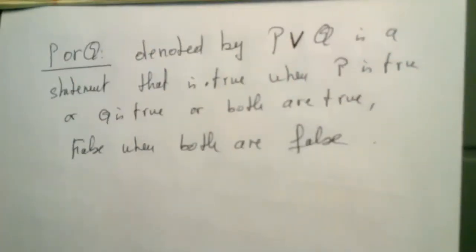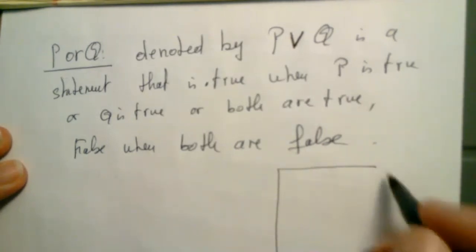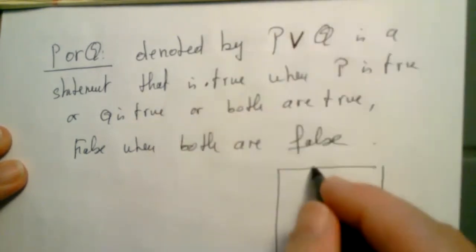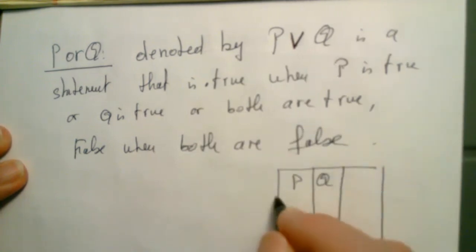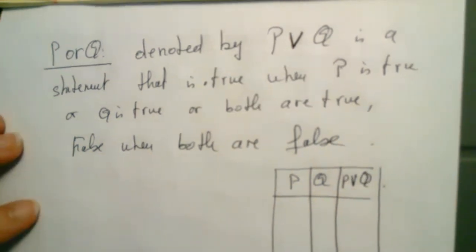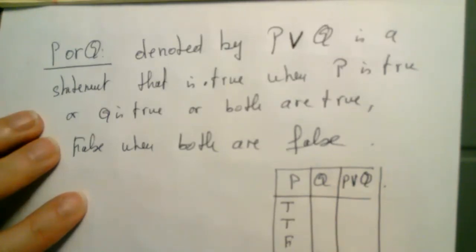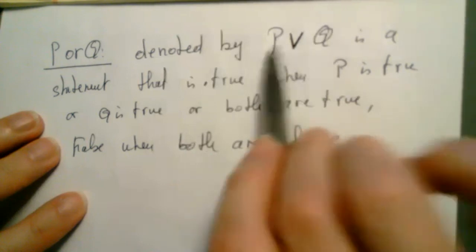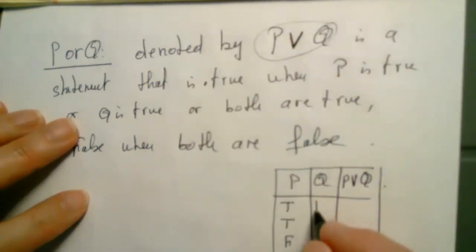Okay, so this is too much writing. That's why we use what we call the truth table, because you know mathematicians don't like to write that much. And that's P or Q. So when is it true? And its value depends on its components. So sometimes I call P and Q the components of P or Q. So true, false, true, false.